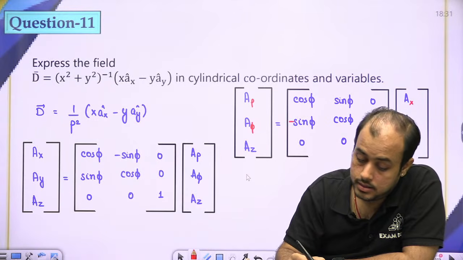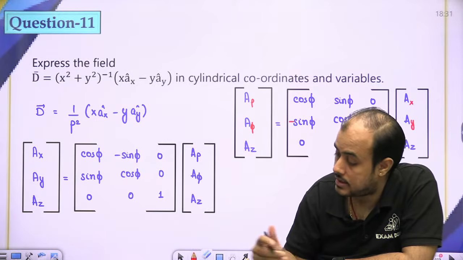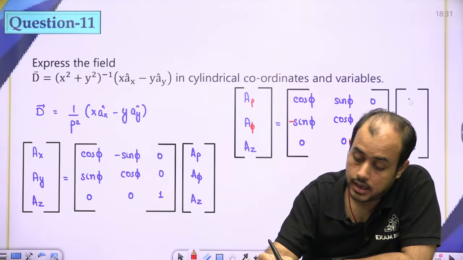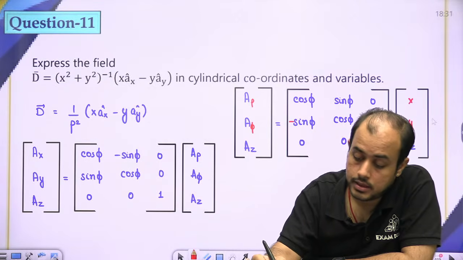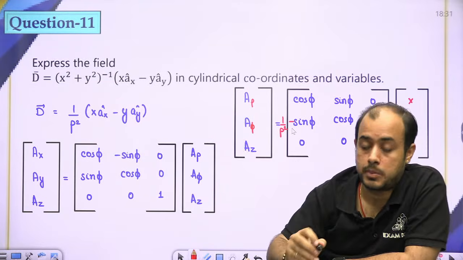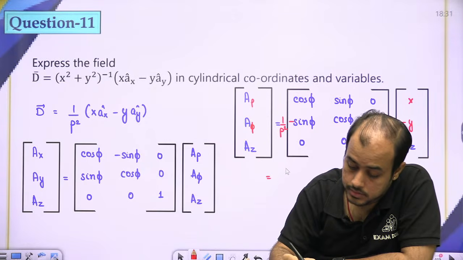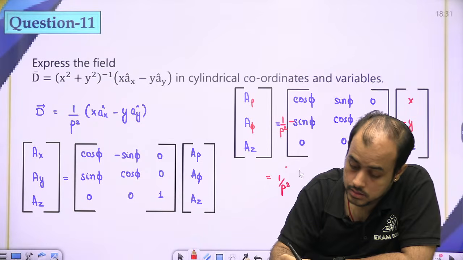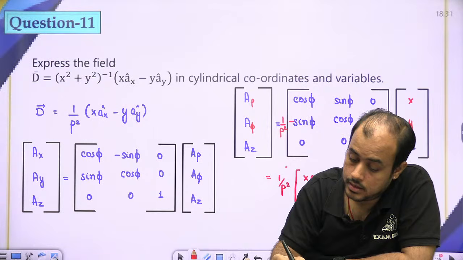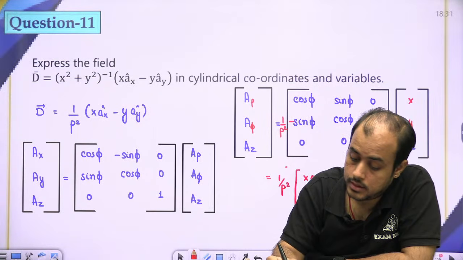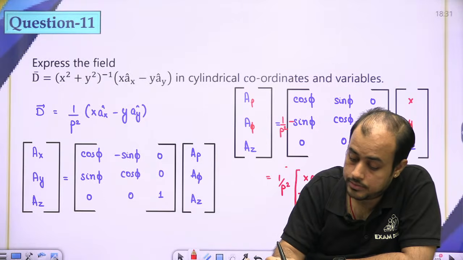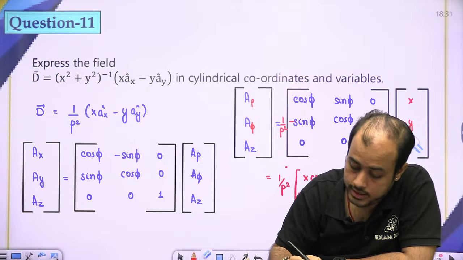Okay. So that means beta here x and y are x and minus y, and outside we have 1 by rho square. ठीक है, 1 by rho square, 1 by x square plus y square. X cos phi minus y sin phi, minus x sin phi minus y cos phi, और ये वाली टर्म तो है ही नहीं, तो 0.